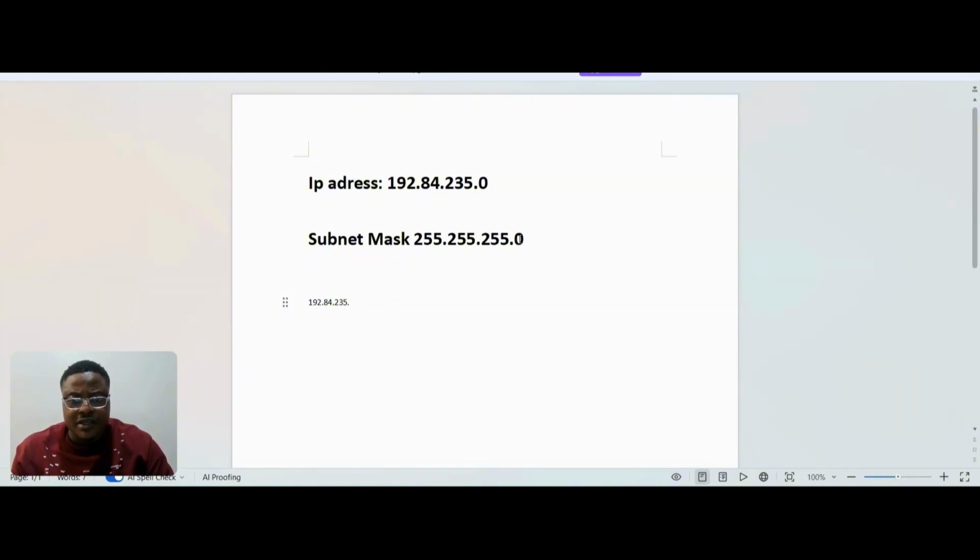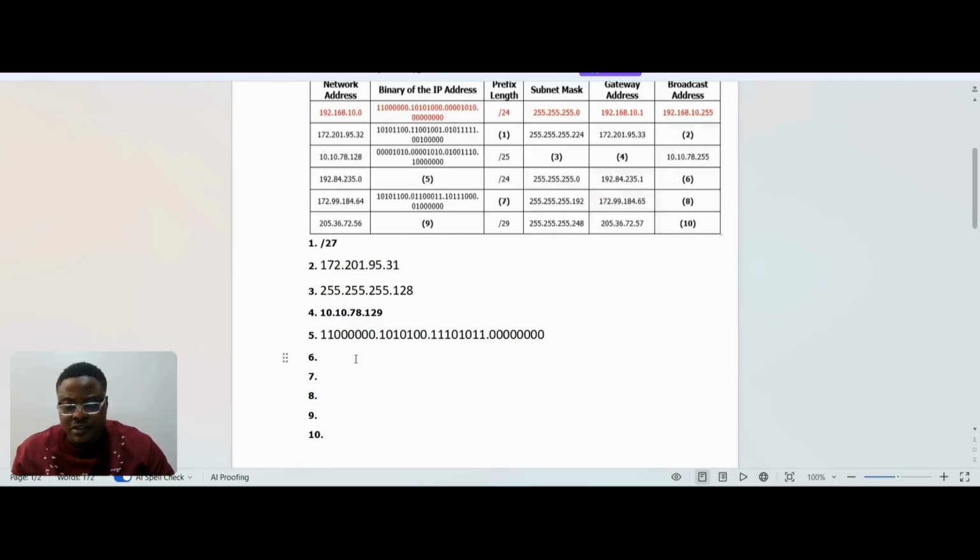So since here is 0, it becomes 255. That is the answer to number 6.